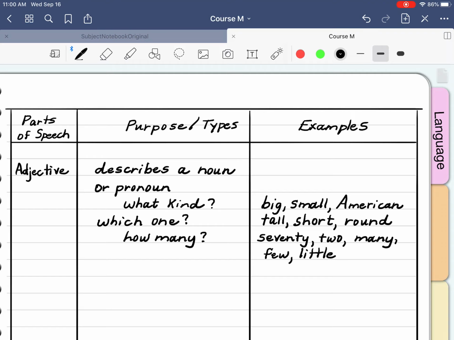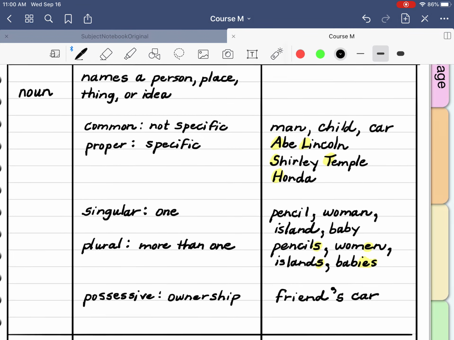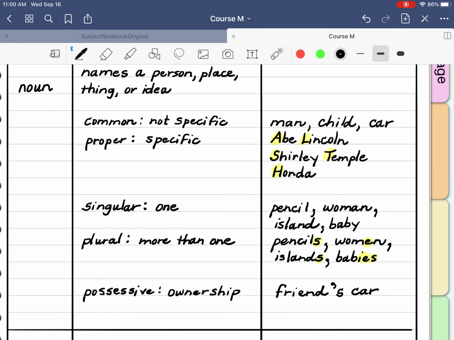The tricky thing about English is that words can be different parts of speech. For example, let me see if I can find the word pencil that we used as a noun. That can be a thing. Pencil is a thing that I hold in my hand. It can also be something that I do.